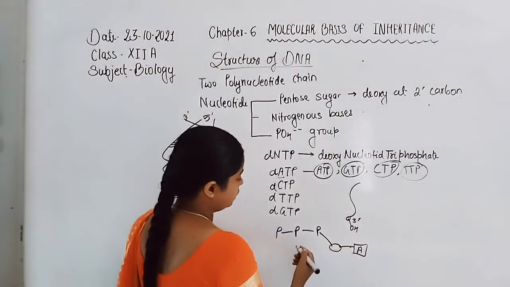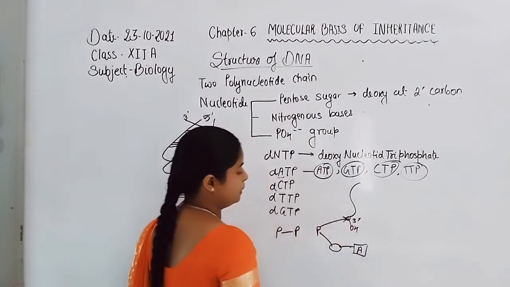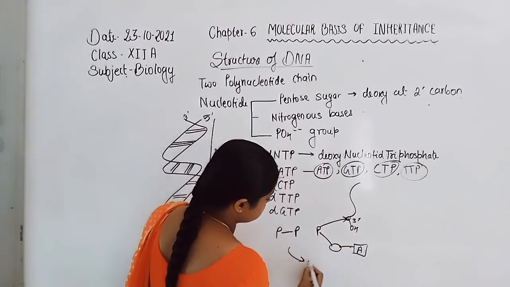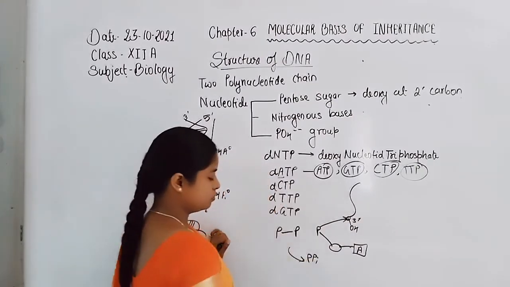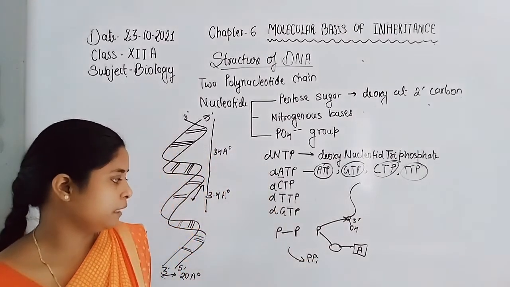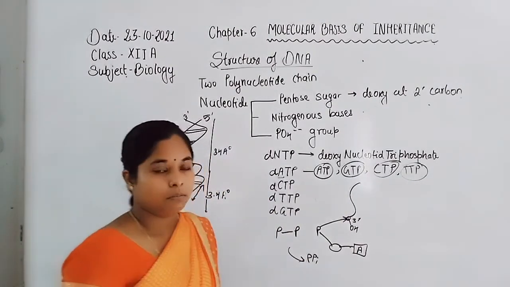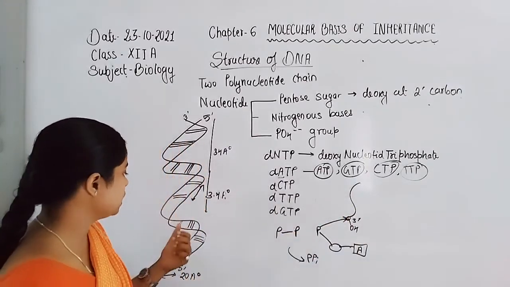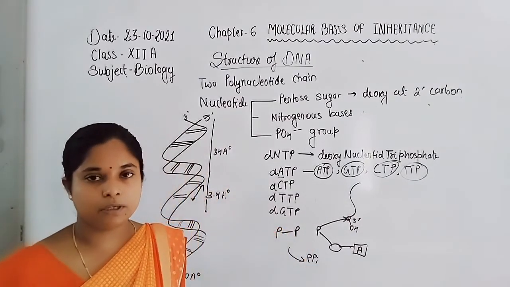In adenosine triphosphate, one phosphate is utilized in making the bond with the 3' hydroxyl group, and the other two phosphates are released as such in the form of inorganic phosphate, not in the form of ADP, because the adenosine is already used in making the polynucleotide chain of DNA.